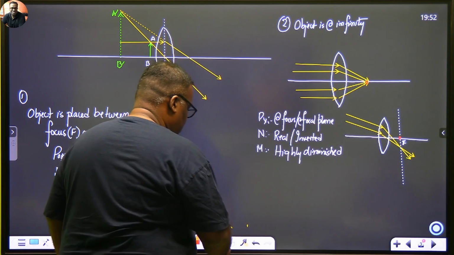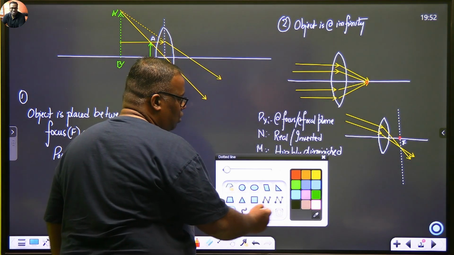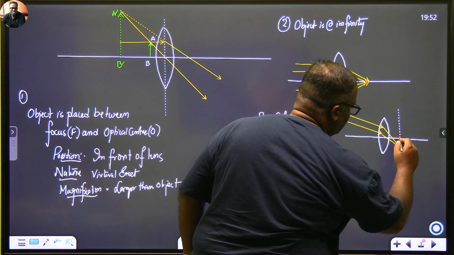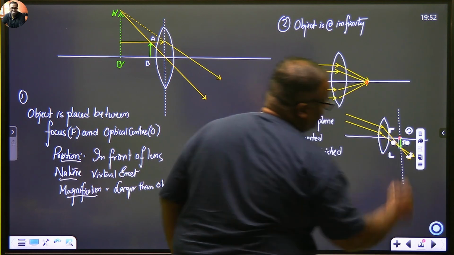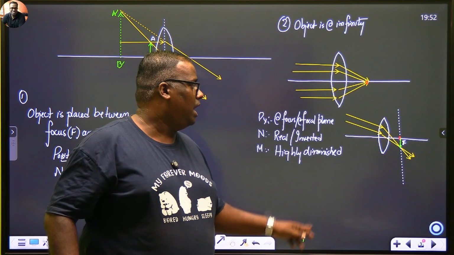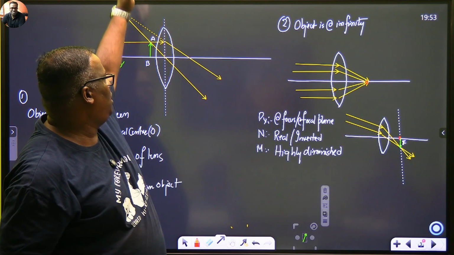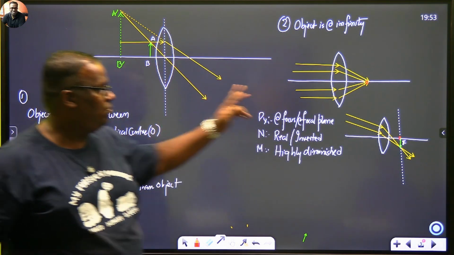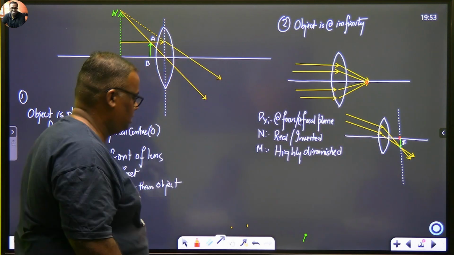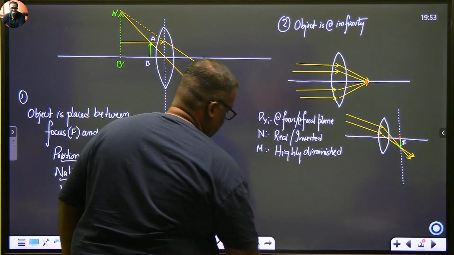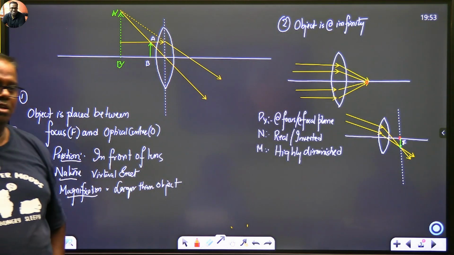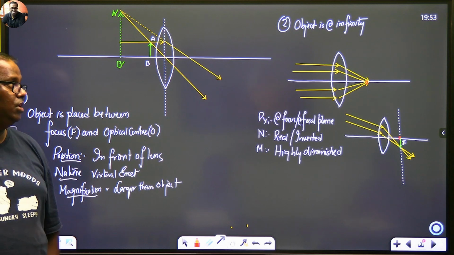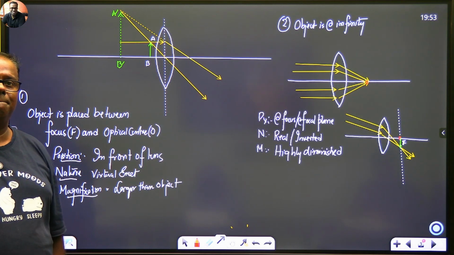Now the object is far, far away, so we don't draw the object. I will not draw a dotted image, but I will draw a complete line image because it's actual intersection of rays. The object was far away, so the object was erect, and its image is inverted. Did you understand this? Is it inverted?